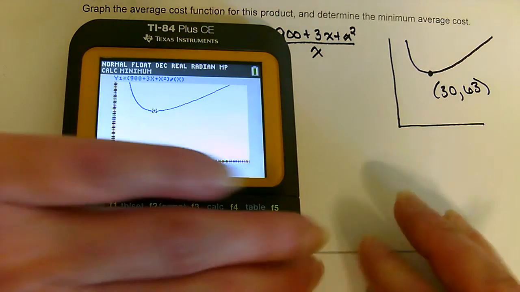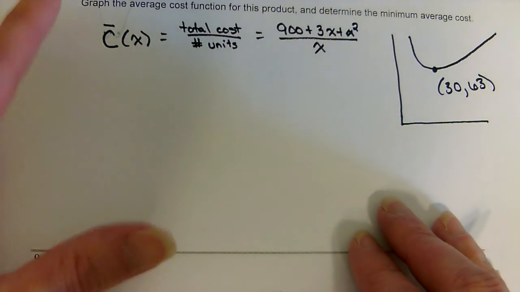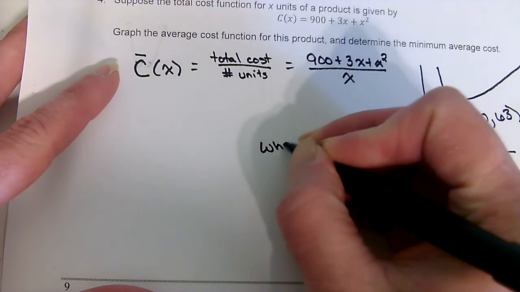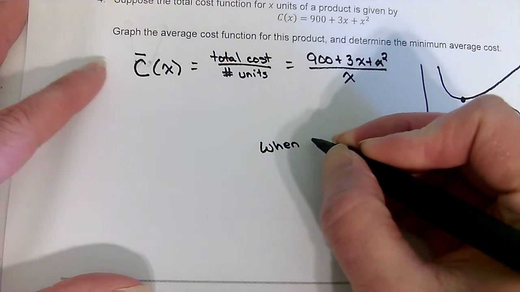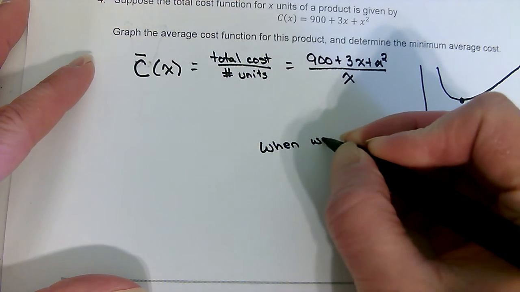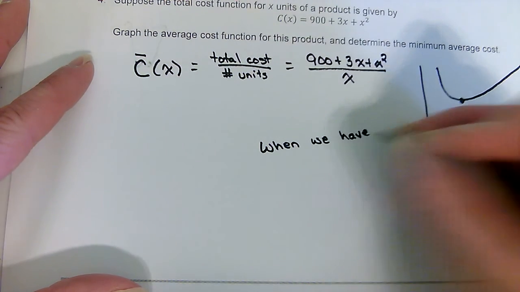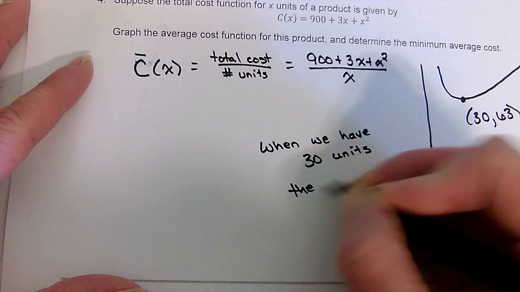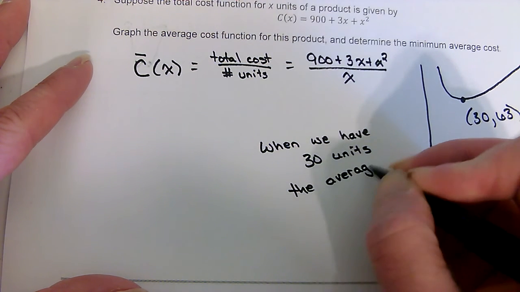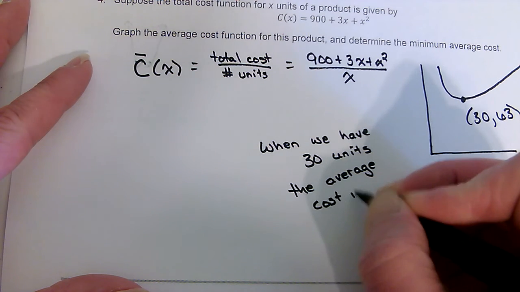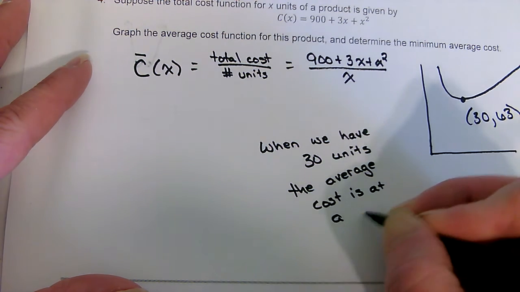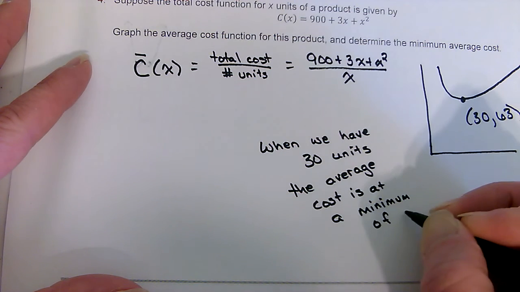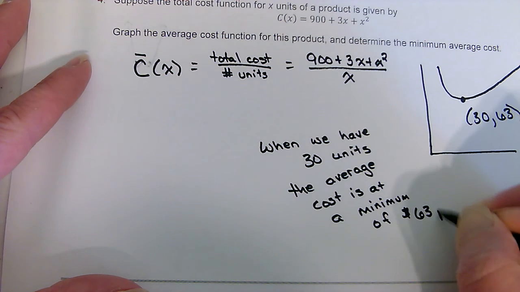comma 63. So what that's telling me is that when we have 30 units, the average cost is at a minimum of $63 per unit.